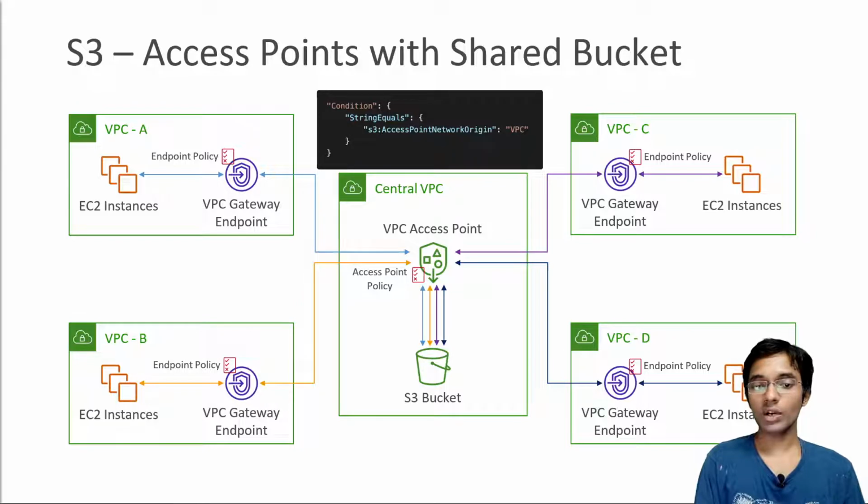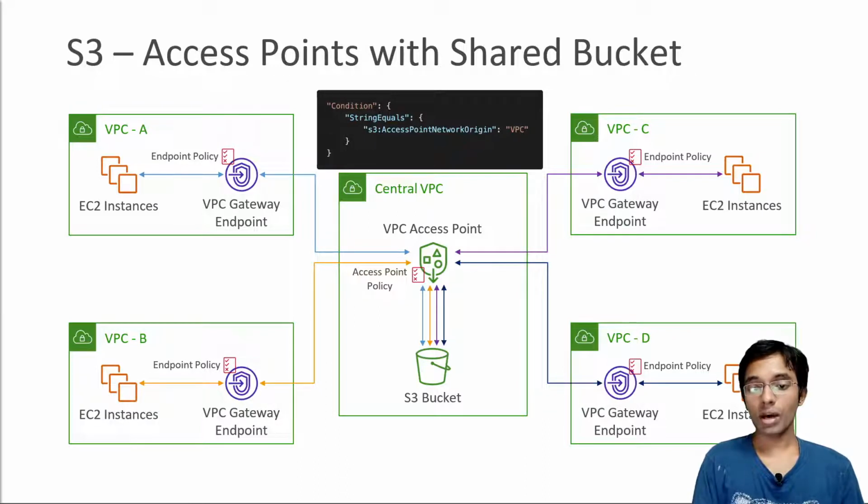This endpoint will have its own endpoint policy to allow the EC2 instances to access it. The gateway endpoint is then linked to the VPC access point, which is linked to the S3 bucket, and this is how you would access it from a different VPC.